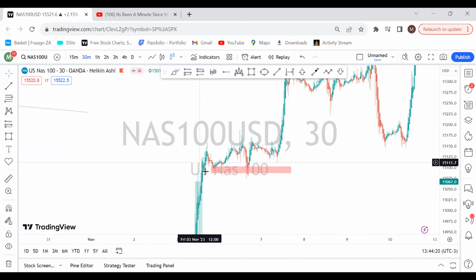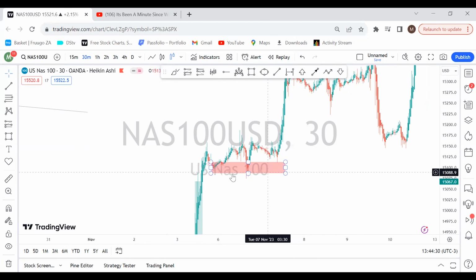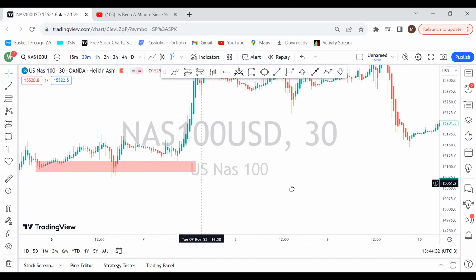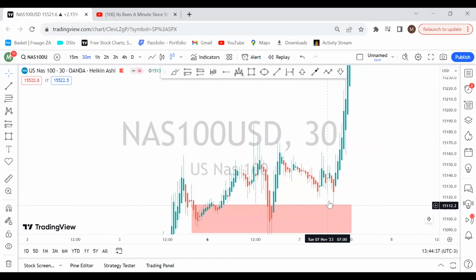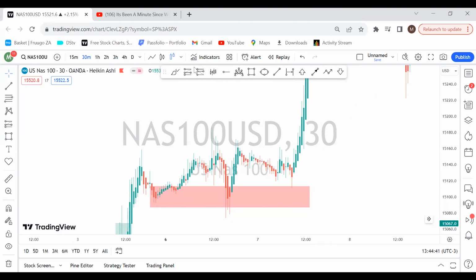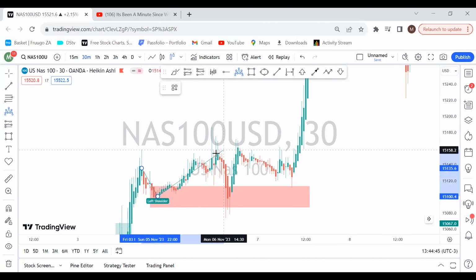So for you to be safer, you could have just extended this and then counted this as a touch, or you could have used the inverse head and shoulders.